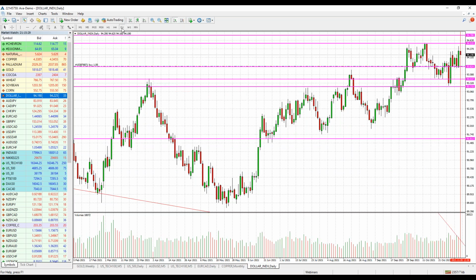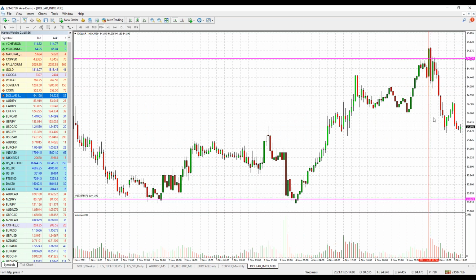And Friday, after the NFP announcement, we had a move down. This is the vertical line I drew here. This is the announcement on NFPs, and we sold, and we came to hold this level here around 94.15, and we couldn't break below it.